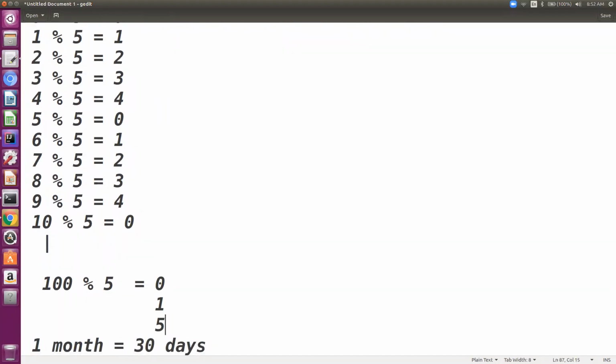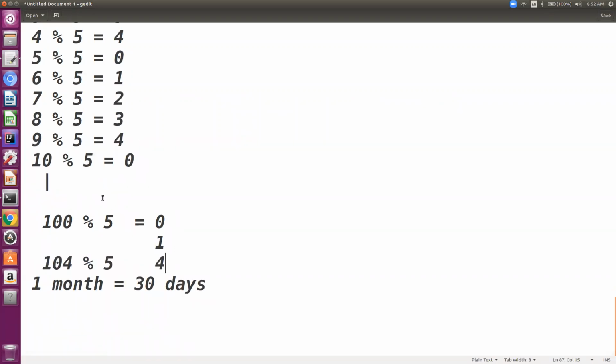So whatever you do, the answer is not going to be more than 4. It will always be less than 5. So this gives a very powerful tool in case of rotating buffers, or in case your cycle repeats after every, say, 7 days.